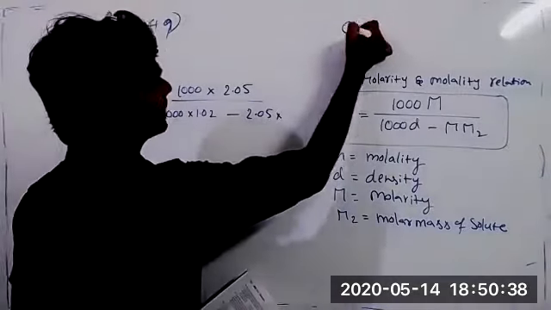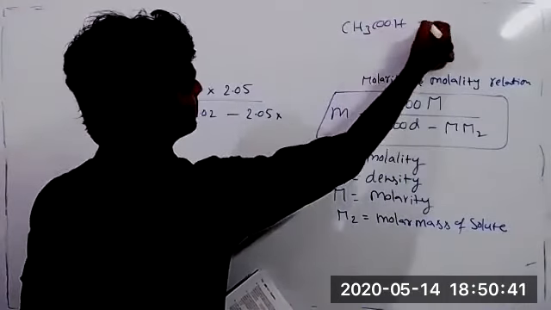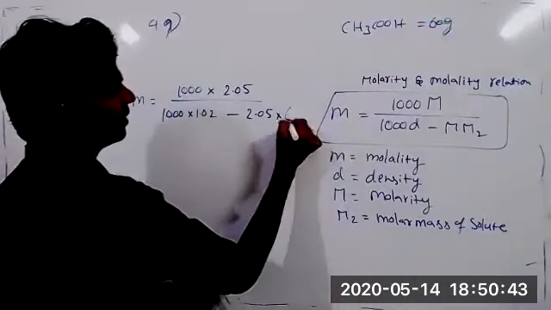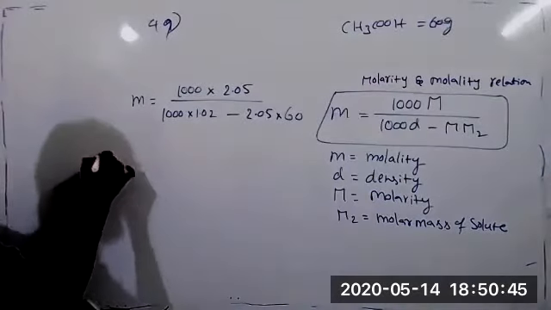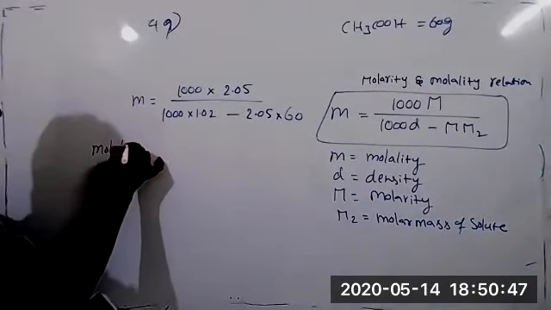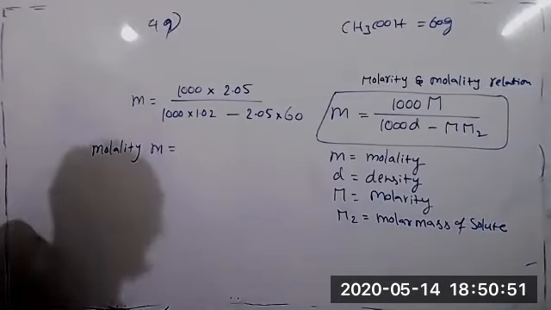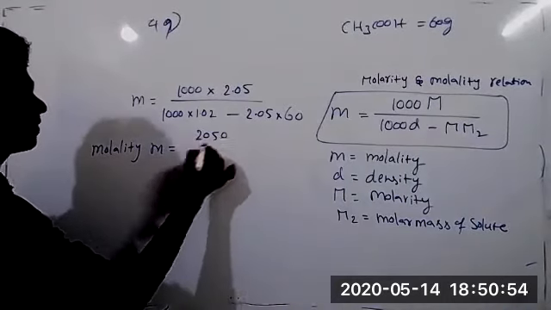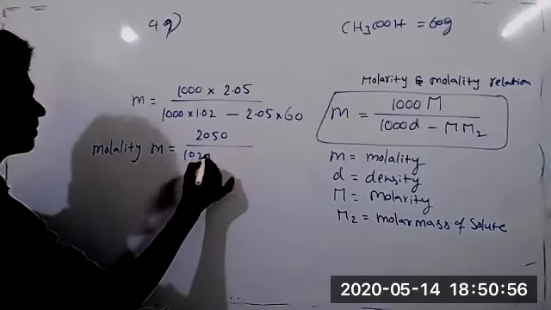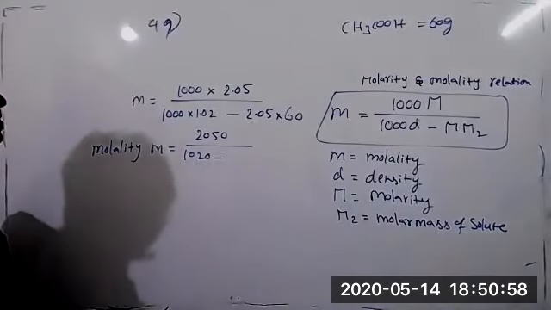The solute is acetic acid, CH3COOH. Its molar mass is 60 grams. Just calculate this: 2050 divided by 1020 minus 2.05 into 60.